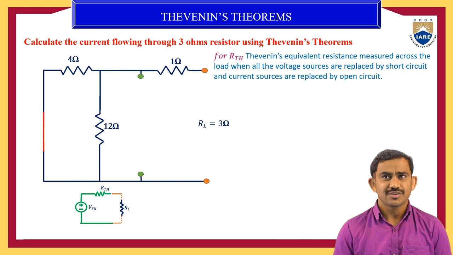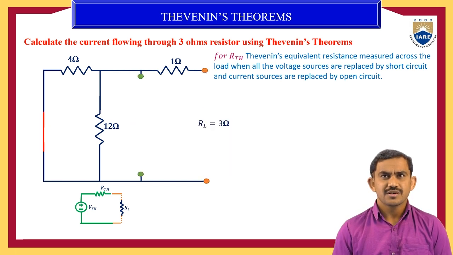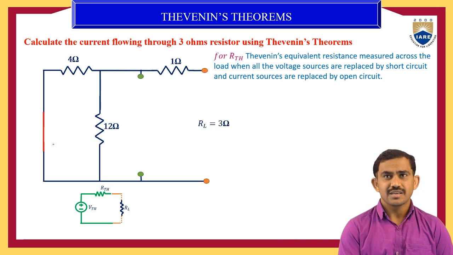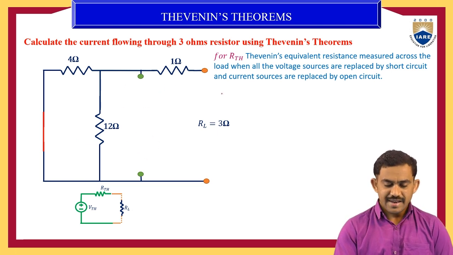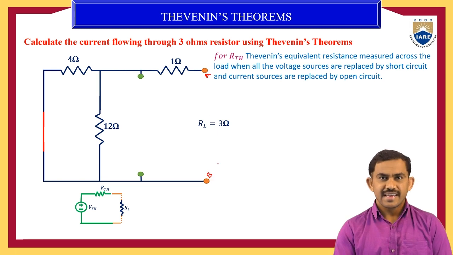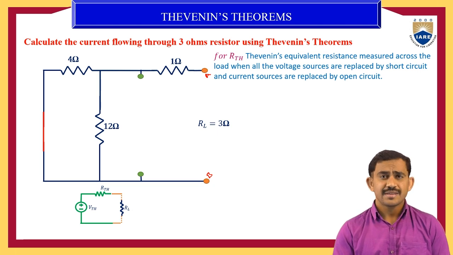The voltage source is short circuited and the current source is open circuited. You can observe the voltage source, the current source and the load. Across the load terminals, suppose A and B, between A and B I need to find the equivalent resistor. Clear?